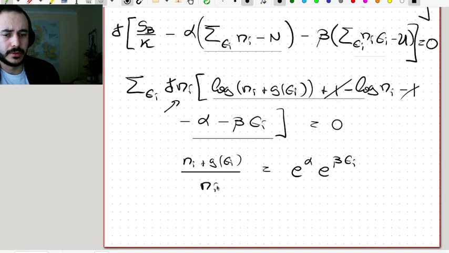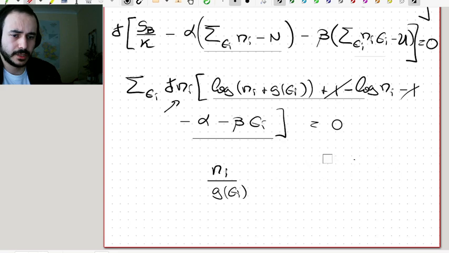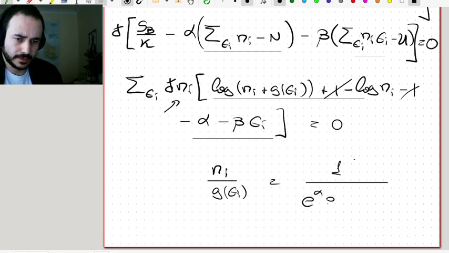Now, this is 1 plus g_i divided by n_i. The 1 can go to the other side. We flip this thing, because we want n_i. So n_i divided by g_i is 1 over e to the alpha e to the beta epsilon_i minus 1.